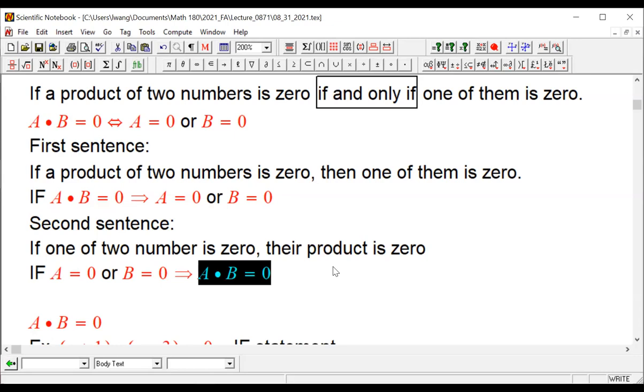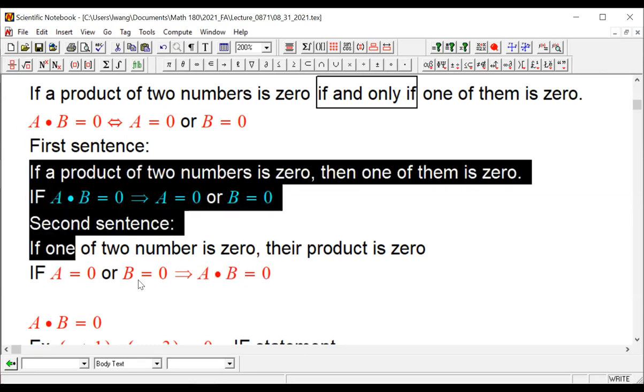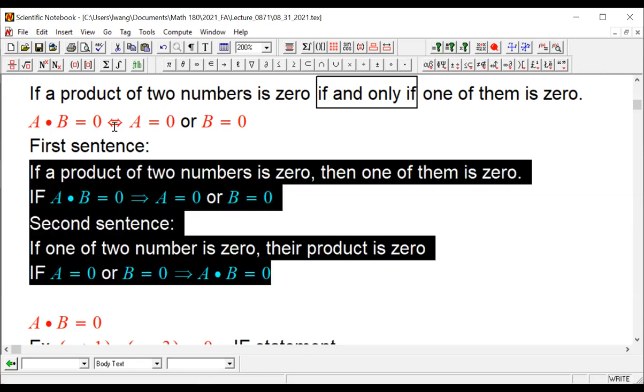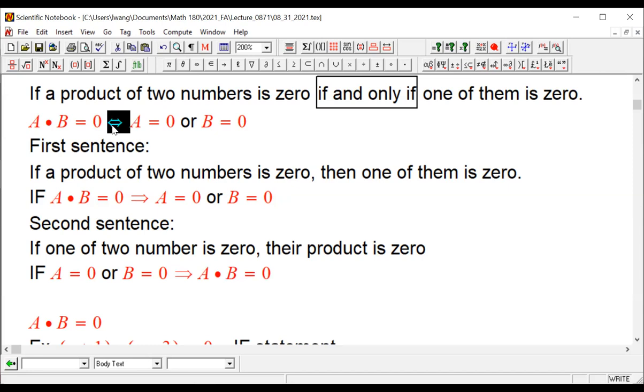You follow me? So to combine these two, we get this double direction arrow, which is a two-way street. It's basically saying that if this is true, then that will be true, and vice versa. If we switch the direction of condition and conclusion, it is still true.